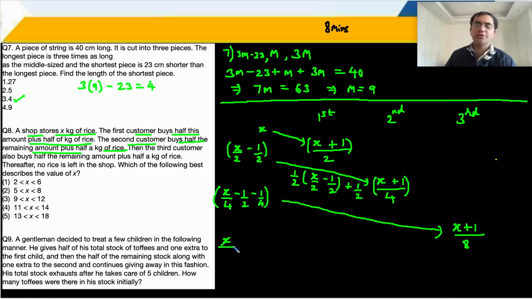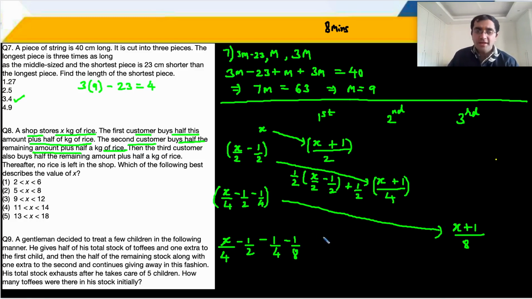Please do this calculation on your own. Small calculations, etc., which are in detail, will help you to be more meticulous. X by 4 minus 1 by 2 minus 1 by 4 minus 1 by 8. This is what you'll get.